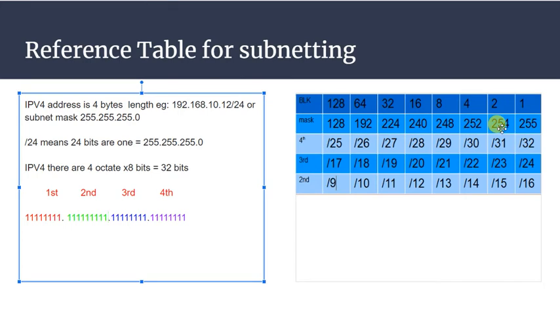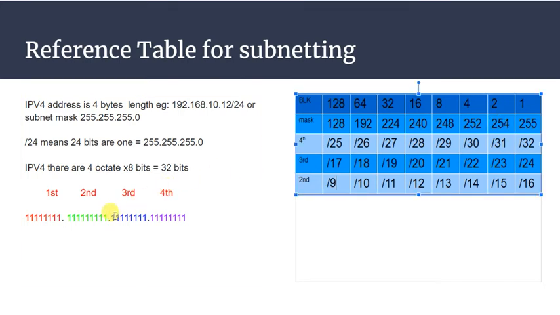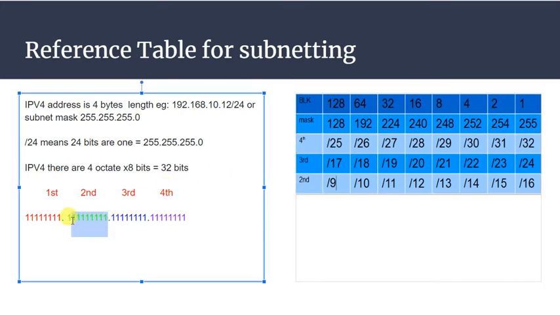Okay, 254, if you see it in the second octet, what does that mean in slash notation? This is what we need to find. 254 in slash notation is slash 15. And one more piece of information: the block size on this octet is 2.